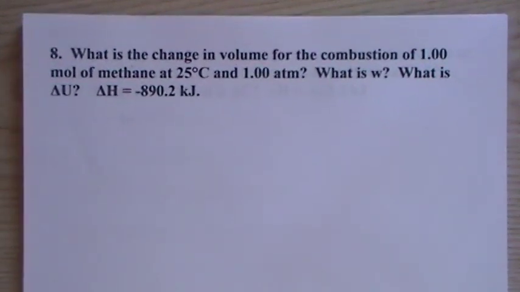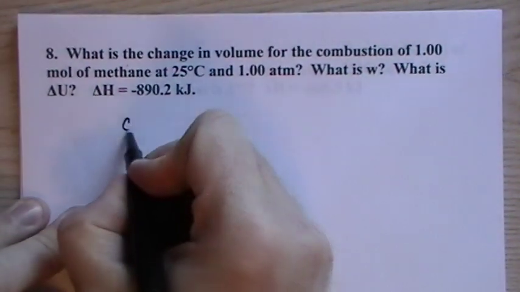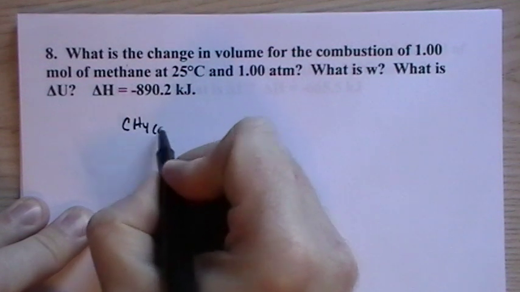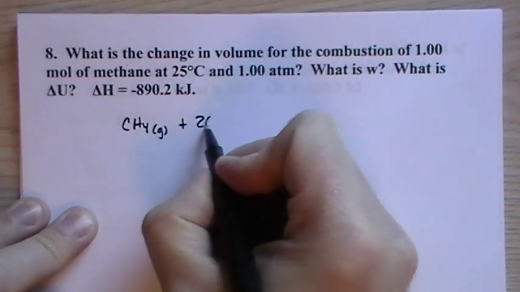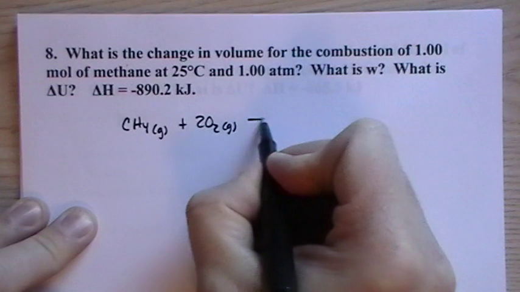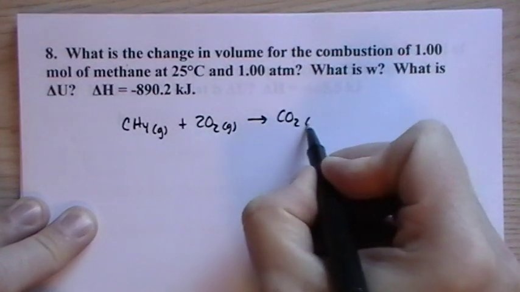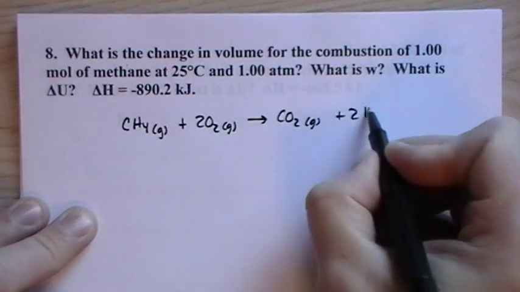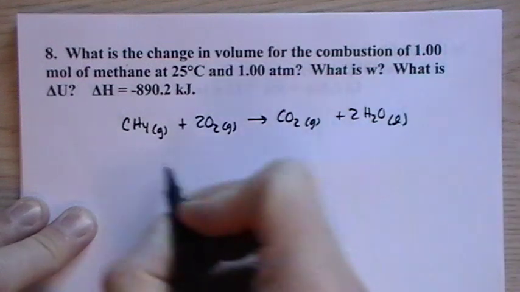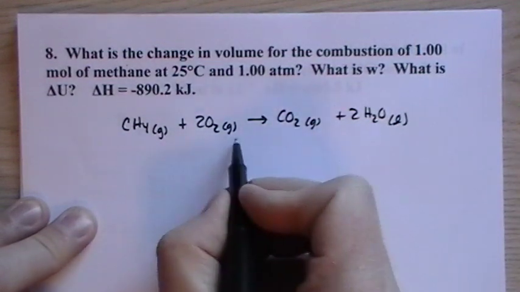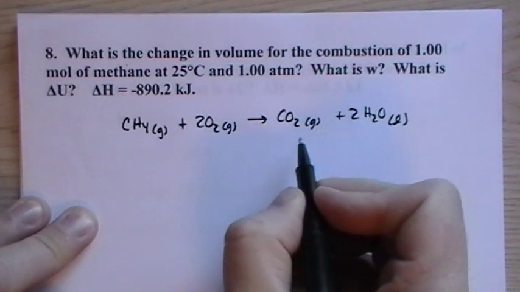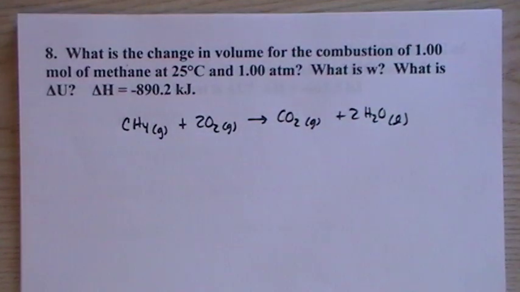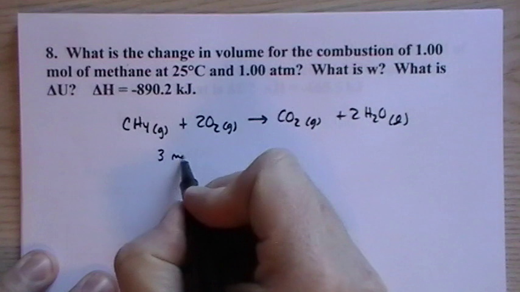So let's look at it, and they want us to do all of these things. So the combustion for methane is this. And we have to look at the gases. We have 3 moles of gas to 1 mole of gas. And so let me just write that, 3 moles.